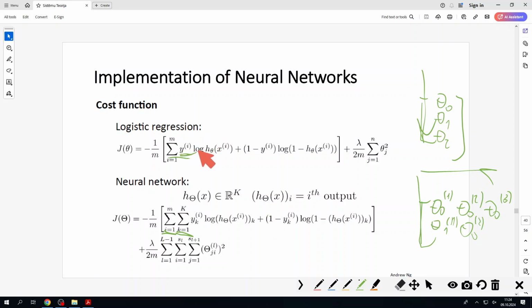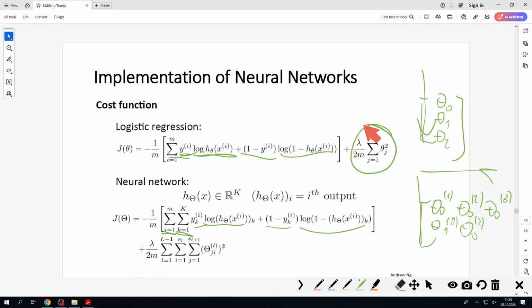You still take your real output y, you still take the logarithm of your hypothesis, 1 minus real answer, logarithm of 1 minus hypothesis here, and also the regularization part. Yes.